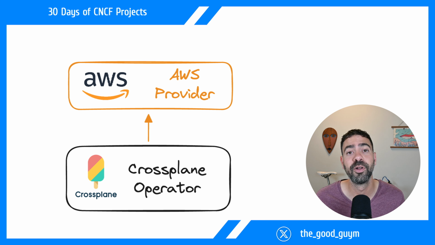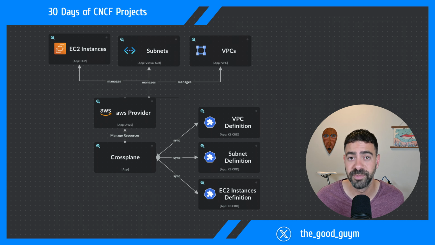After we have deployed Crossplane, we will deploy the AWS provider that will connect our deployment of Crossplane to AWS based on our credentials. And from that point, the CRDs for creating AWS resources will also be created in our Kubernetes cluster. And the last thing we need to do is just to use Crossplane.